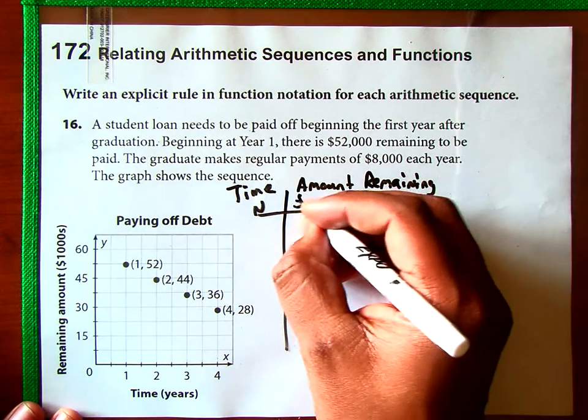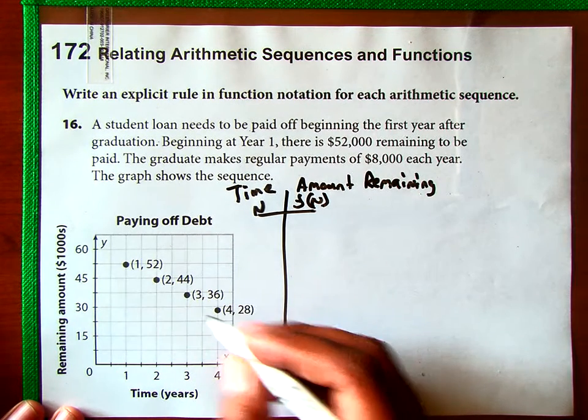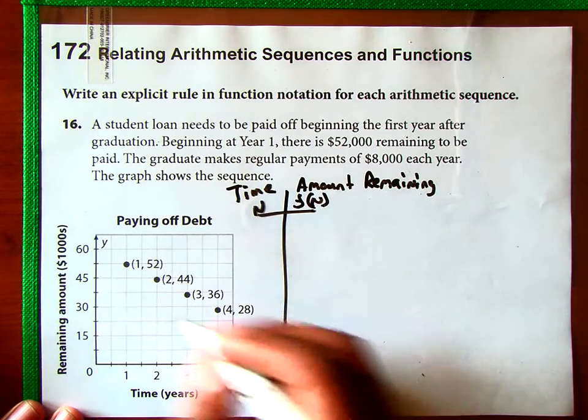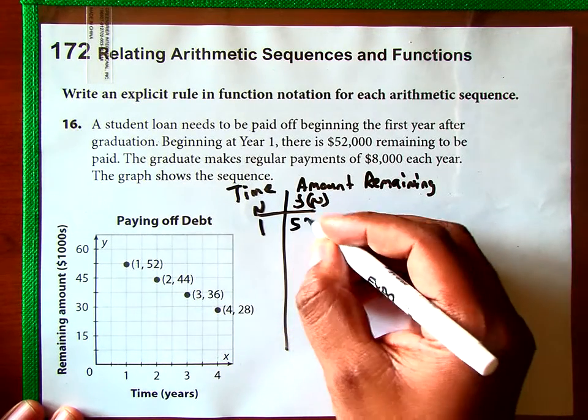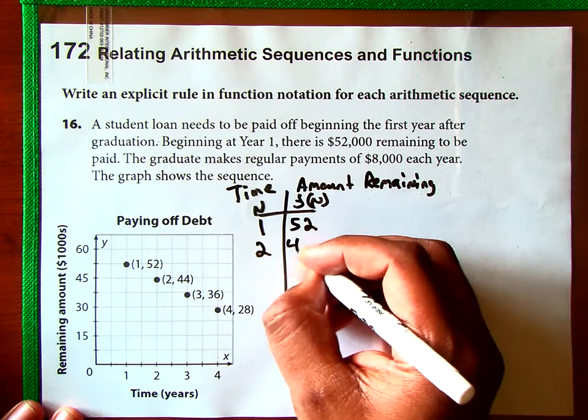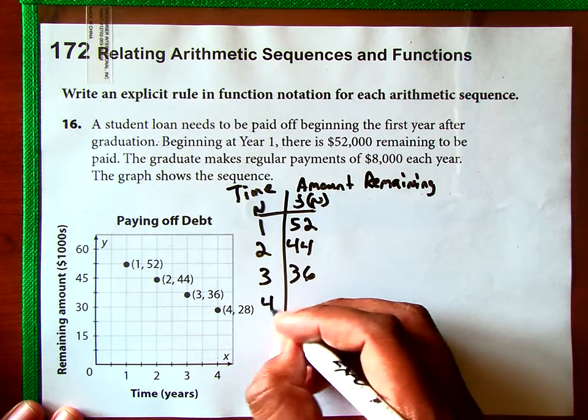And that's going to be f of n. So I'm going to take the graph points here and put them in just how they are. At year 1, you owe $52,000. Year 2, $44,000. Year 3, $36,000. And year 4, $28,000.